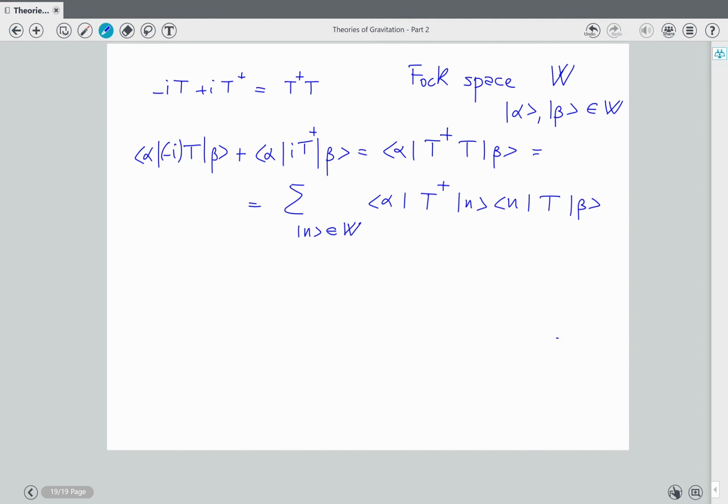What you can prove is an identity which is called pseudo unitarity.